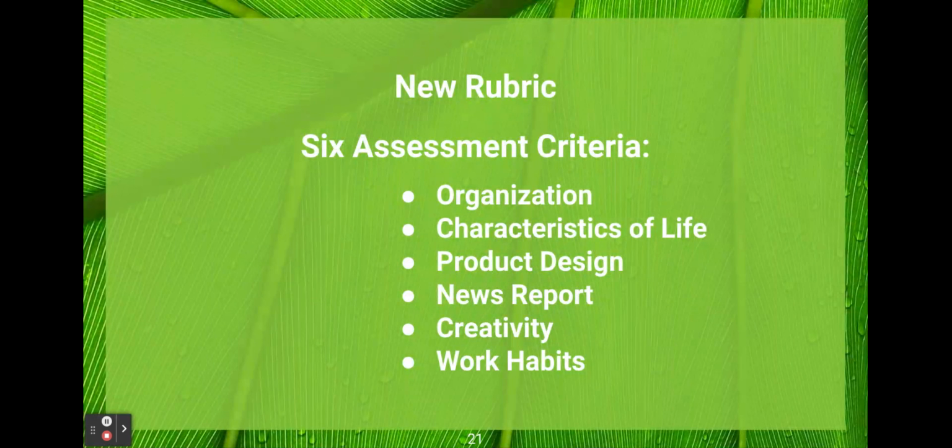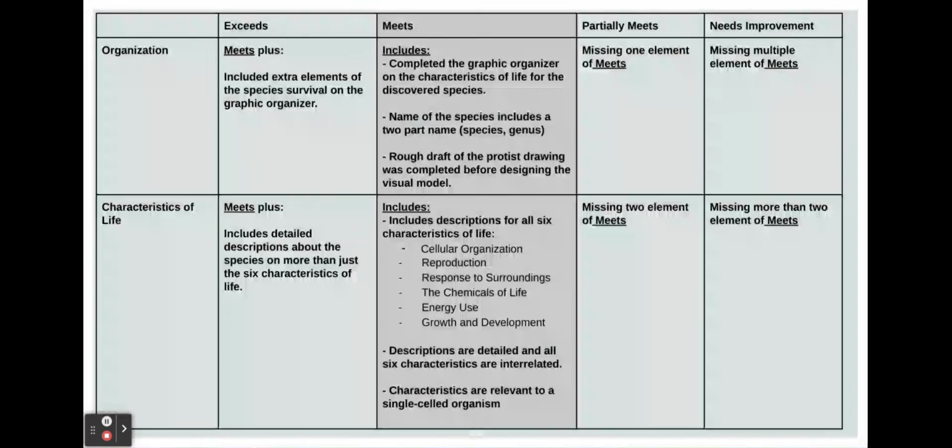And so now the new rubric has 6 assessment criteria: organization, characteristics of life, product design, news report, creativity, and work habits. So the structure of my rubric is meets, and I put all parts of meeting the standard there. I really want all students to meet the standard, and so the criteria is really laid out for them. I also make it a point to put in exceeds.